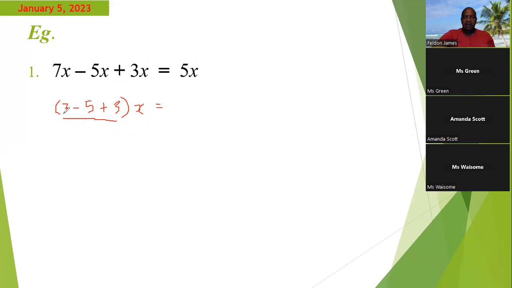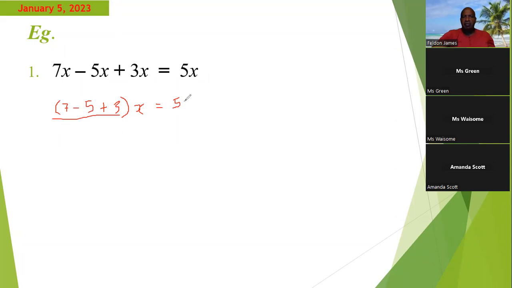So if you have 7 minus 5, that becomes what? Anybody? 2, sir. Right, and then you add 3, you get what? 5. Right, so all of this would simplify to 5.